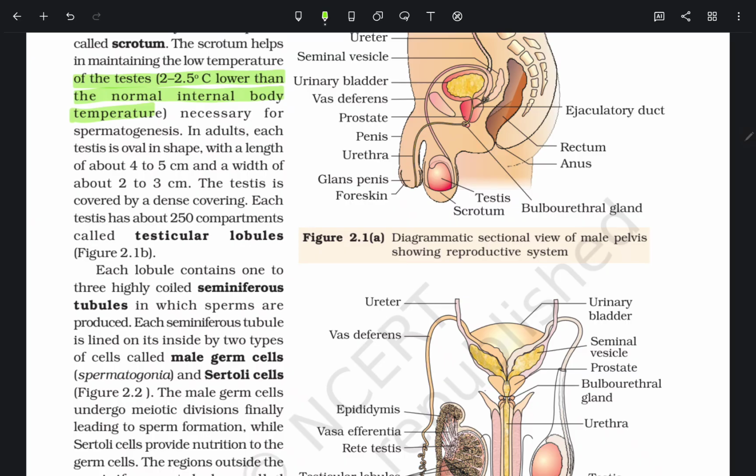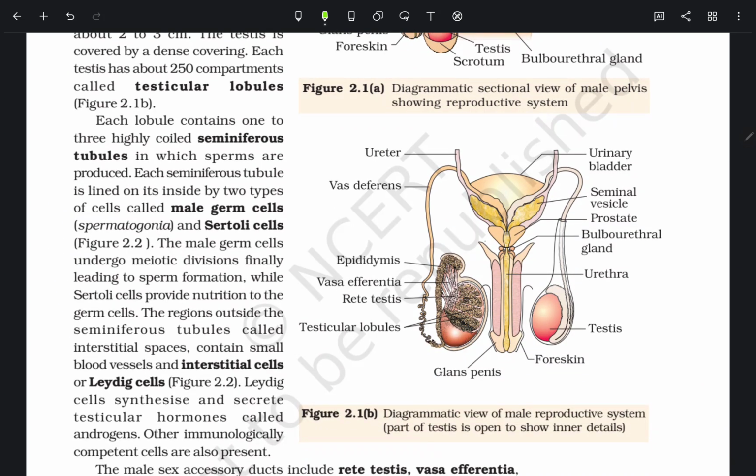The testis is covered by a dense covering. Each testis has about 250 compartments called testicular lobules. Each lobule contains one to three highly coiled seminiferous tubules in which sperms are produced.